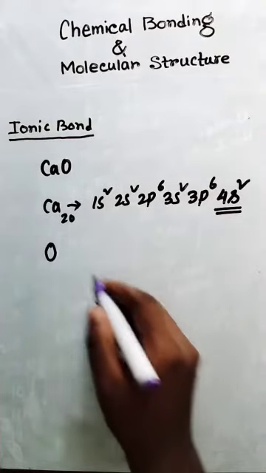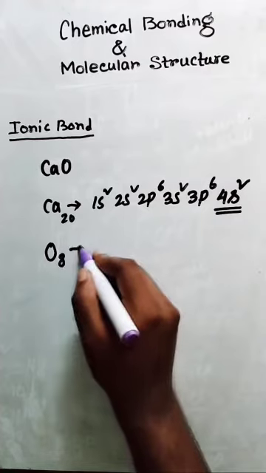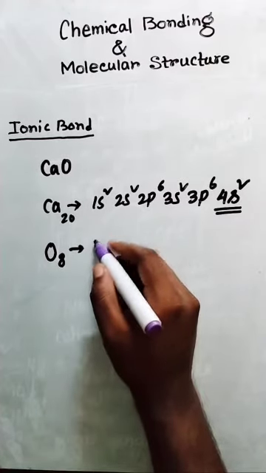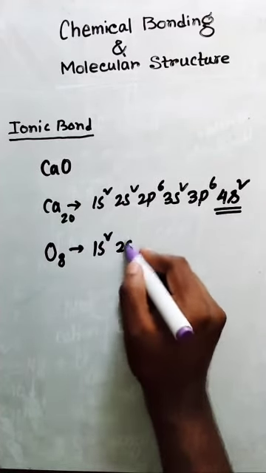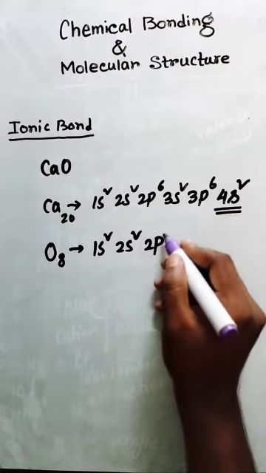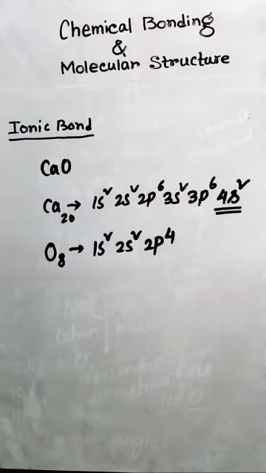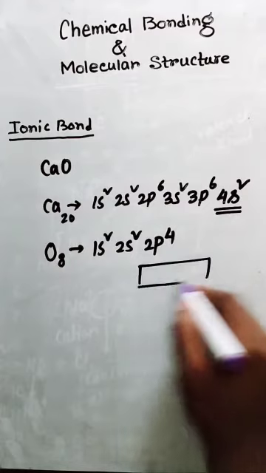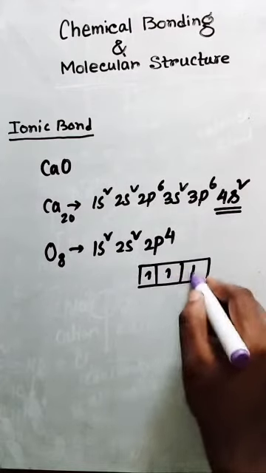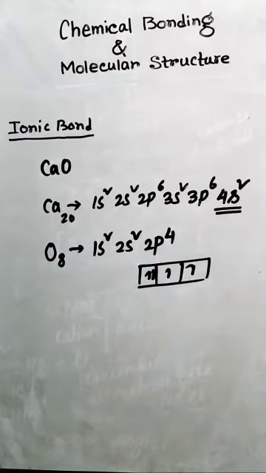Similarly, oxygen, which has 8 electrons, has the electronic configuration 1s2, 2s2, 2p4. That means oxygen requires 2 electrons to acquire the stable electronic configuration like neon.